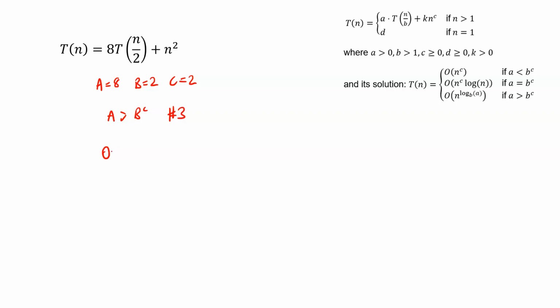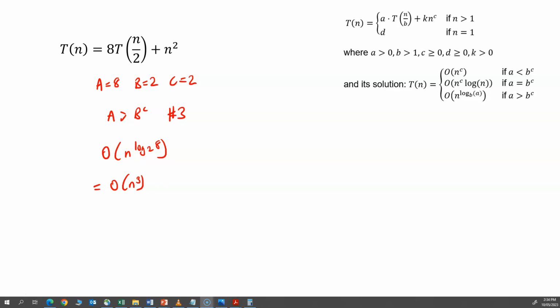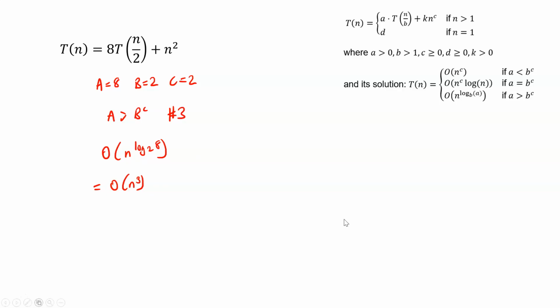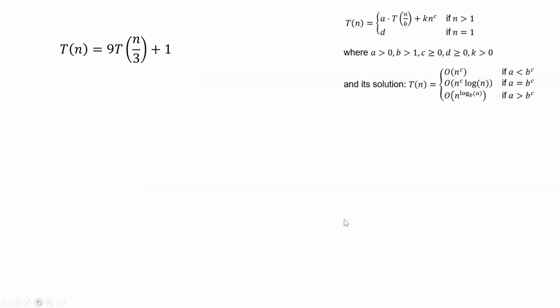Yes, I do, because it's big O of n to the log base 2 of 8, which is big O of n cubed. What's next? I think actually this is going to be the same as the previous one, so let's try and find one that's a little bit different.